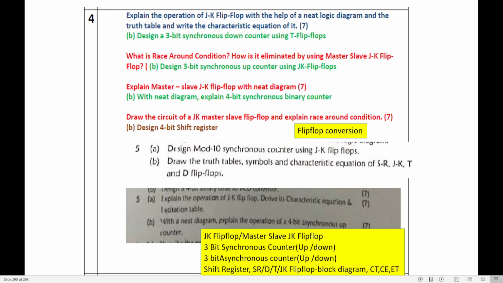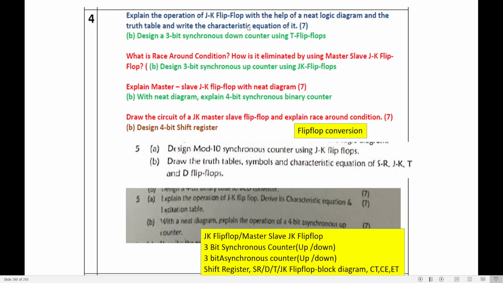It means continuously from 2023, every single paper has designing a synchronous counter. Either it can be up counter or down counter, but you are getting one question. In the latest 2024, the question says design 4-bit asynchronous up counter. That is what I have given in the assignment.